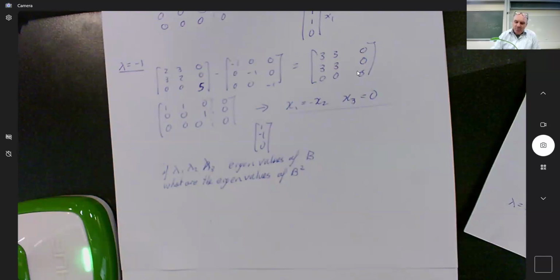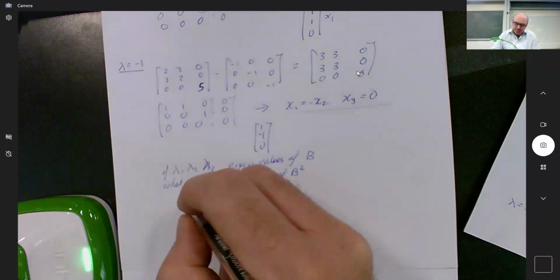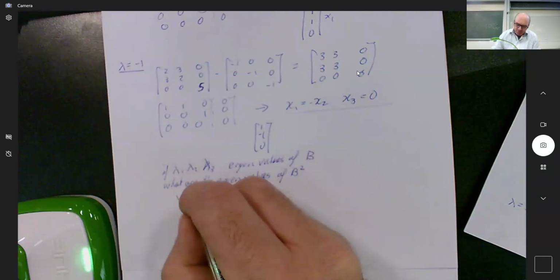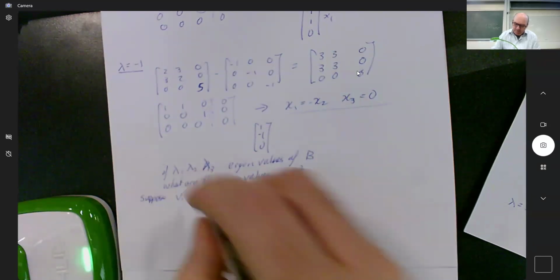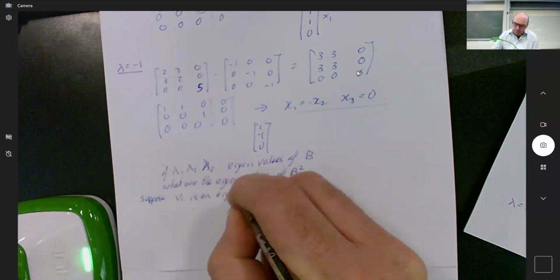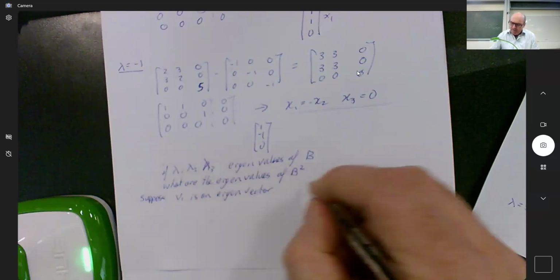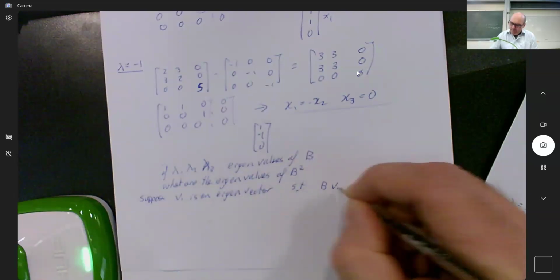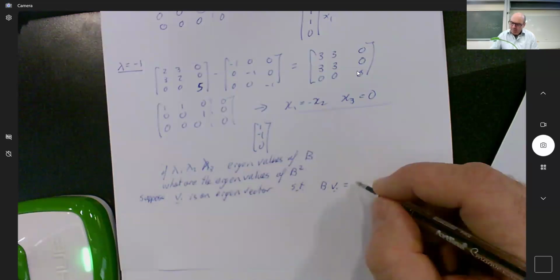If we consider V1, we're going to say suppose V1 is an eigenvector such that B times V1 is equal to lambda 1 V1.